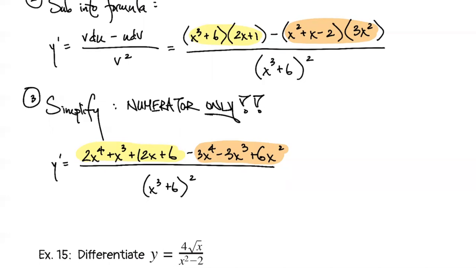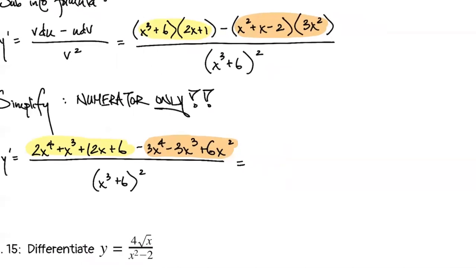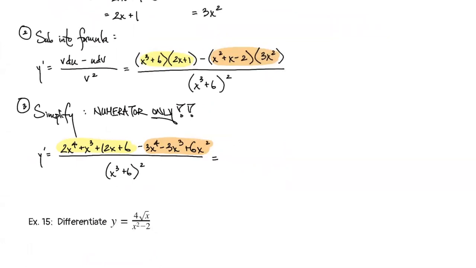Okay, and so when we have that, now we can go ahead and clean this up. Let's see what terms reduce. We have 2x to the fourth minus 3x to the fourth gives me negative x to the fourth. x cubed minus 3x cubed gives me negative 2x cubed. Then I have plus 6x squared plus 12x plus 6, right?